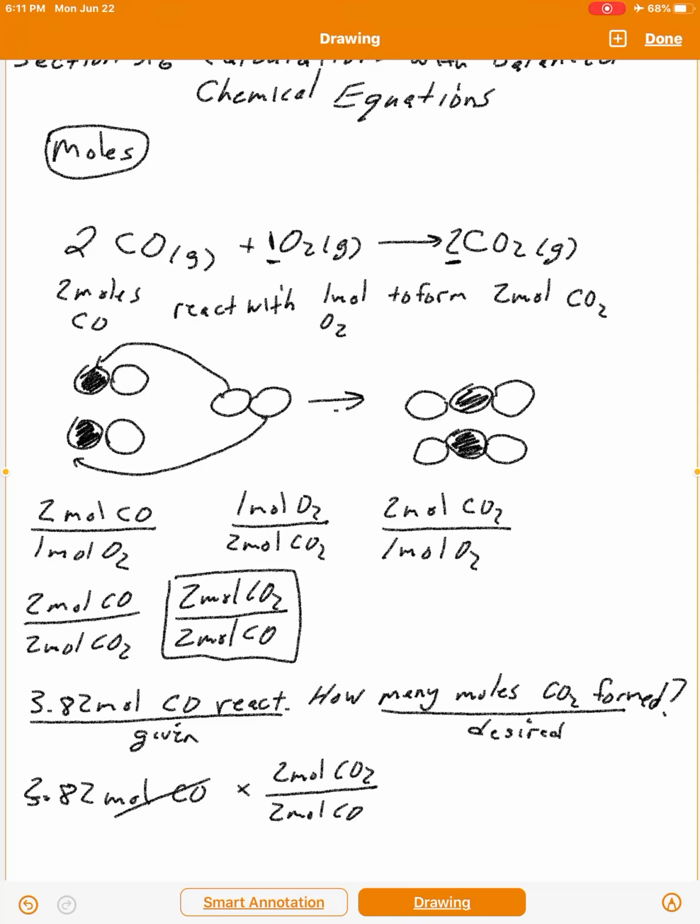Moles of CO are gone, and we get moles of CO2. So it turns out to be 3.82, right? 3.82 times 2 over 2 is 3.82. So in other words, if 3.82 moles of CO react, you will get 3.82 moles of CO2.